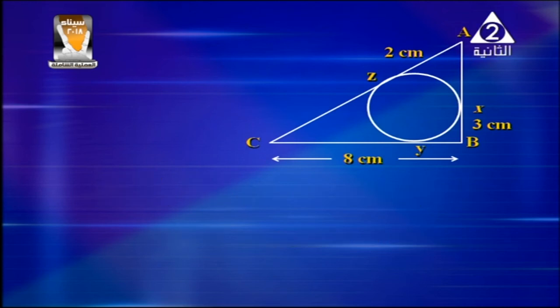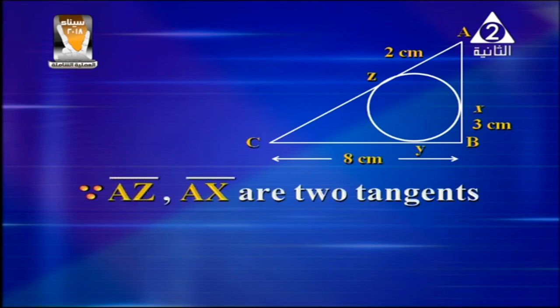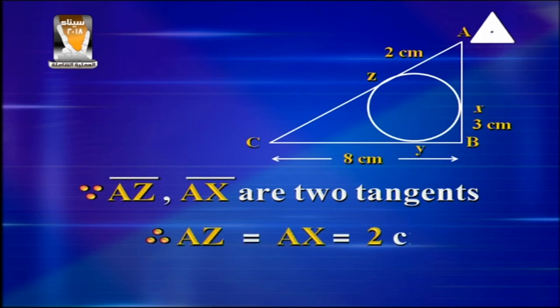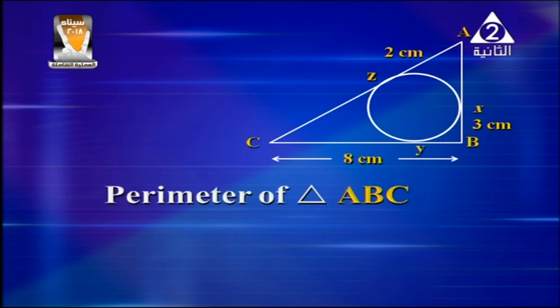Yes, AZ and AX also are two tangents to the circle. So we can say that AZ equals AX equals 2 centimeters. Now AX is 2 centimeters, BY is 3 centimeters, and CZ is 5 centimeters. Can you find the perimeter of triangle ABC?